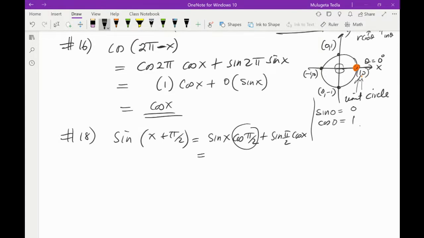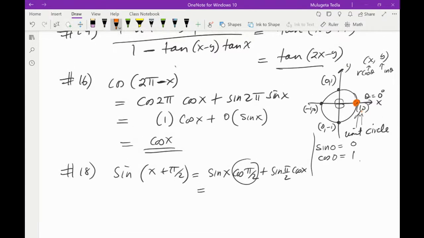Cos of pi by 2, at pi by 2, this is 90 degrees. What are the coordinates? Cos is the x value, so it is 0, times sine x, plus, what is sine pi by 2? Sine pi by 2 is y, which is 1, times cos x, which is equal to cos x.